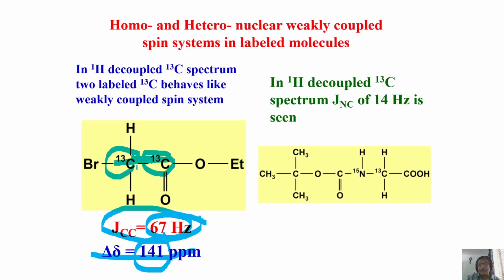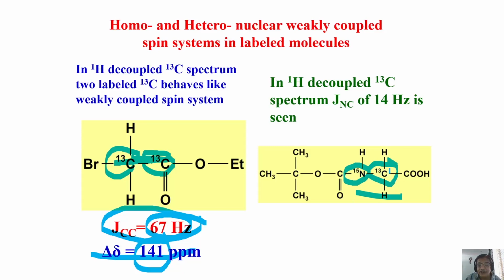Take for example this molecule. Nitrogen 15 is there and carbon 13, both are labeled. And this coupling is only 14 hertz. Now the question is, is it strongly coupled or weakly coupled? I don't have to tell you. You know the answer. Because they are far away separated in the resonating frequency.